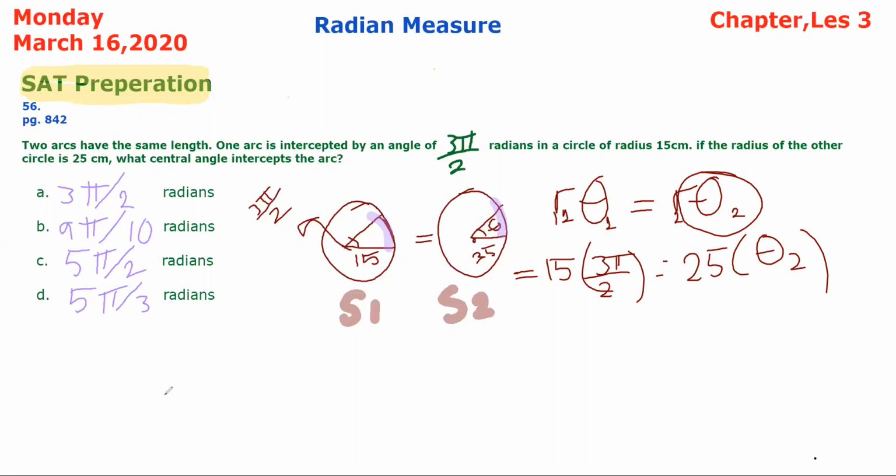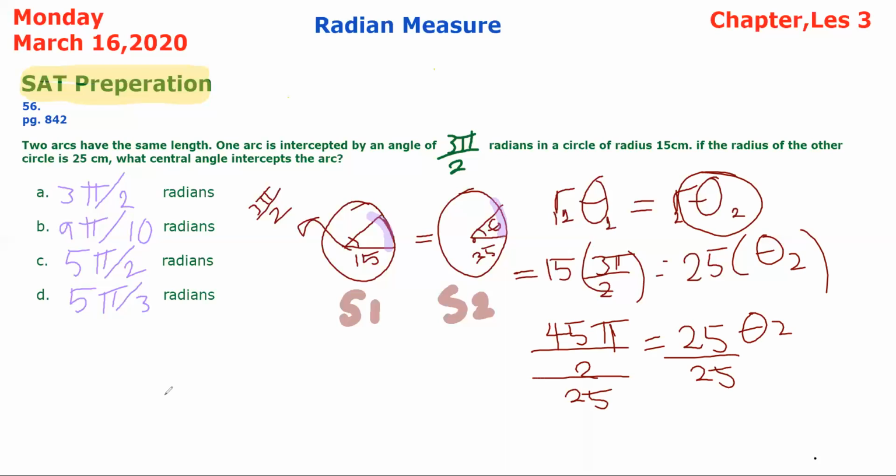Okay, 15 times 3 is 45. 15 times 3π over 2 is 45π over 2, equal to 25 theta 2. Then divide by 25, divide by 25.